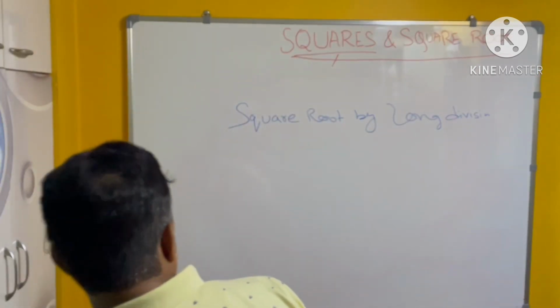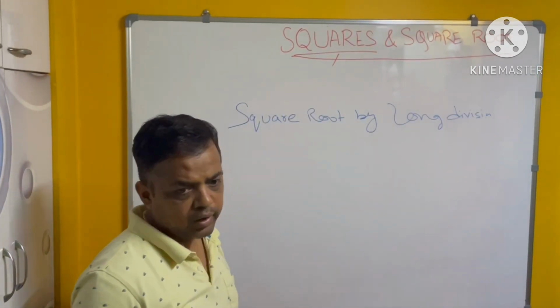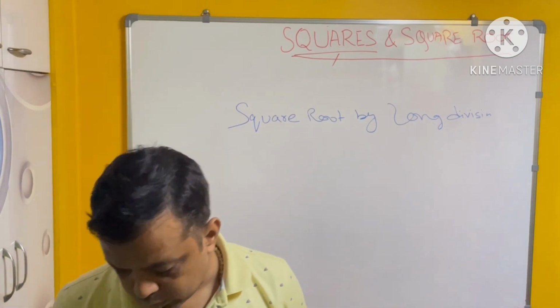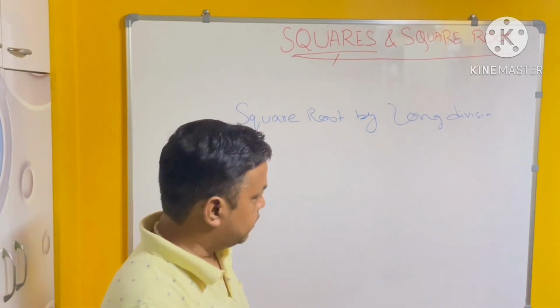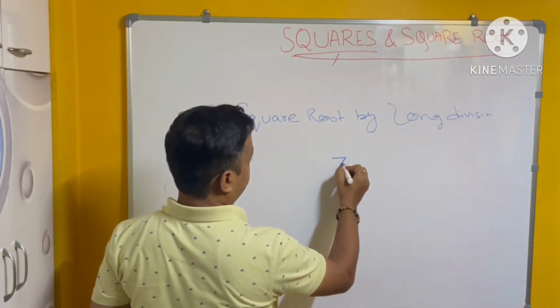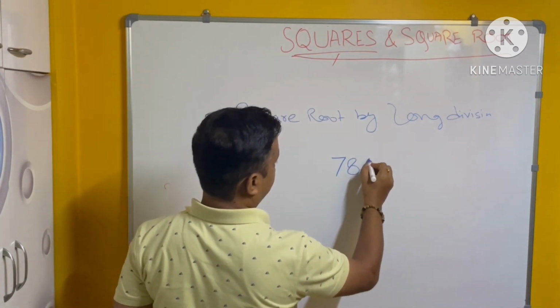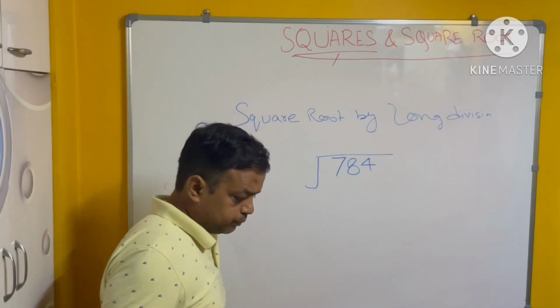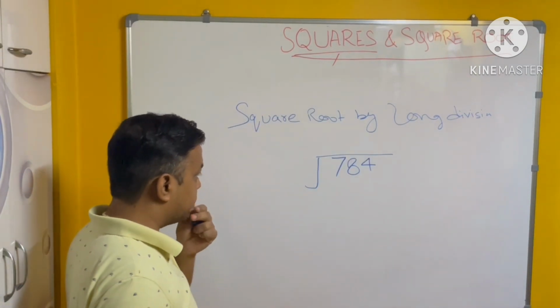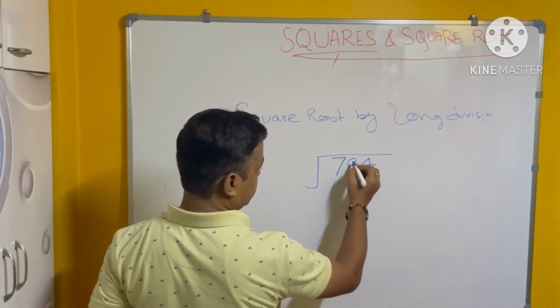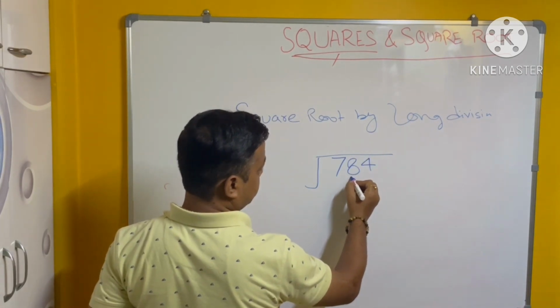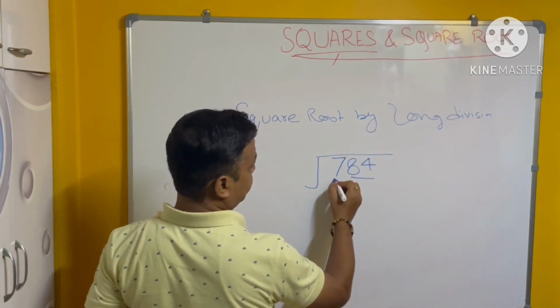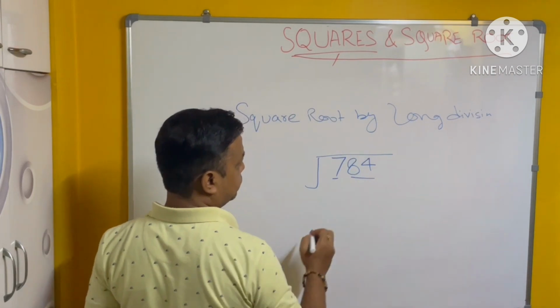तो देखो यहाँ पे हम बात कर रहे हैं स्क्वायर रूट बाय लॉन्ग डिवीजन मेथड. Suppose we take an example 784. What is the first step? We should mark it in pairs from the back side.